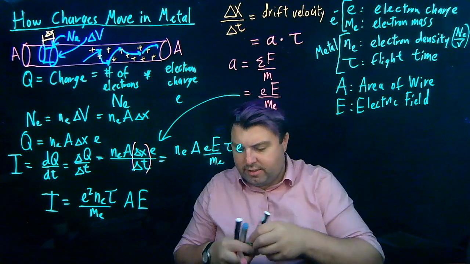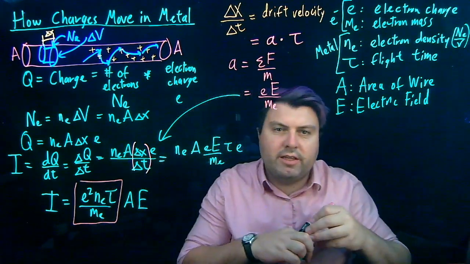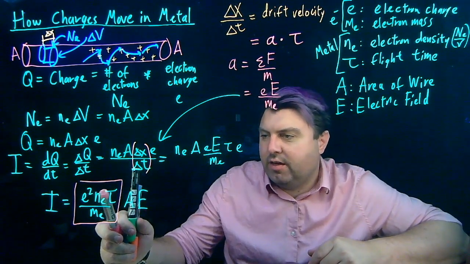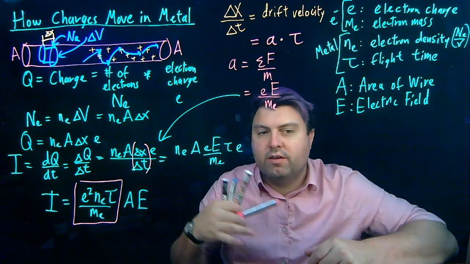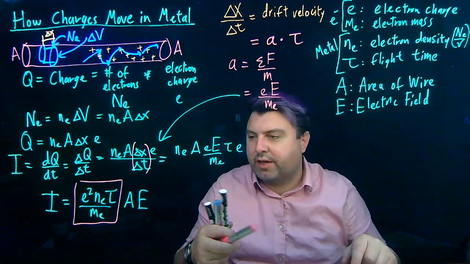So looking at this specific term here, we see that once we choose a specific metal, E, N sub E, tau, and the mass of the electron should all be the same for a specific metal, because every single electron has this, every single metal has that.